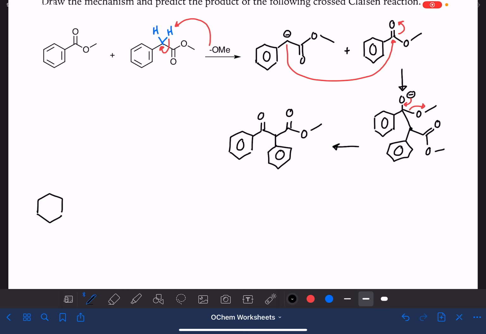I'm going to just go straight to the enolate, this guy right here. I'm going to redraw that enolate, and then we're going to draw a second identical ester. It can attack that at the carbonyl carbon, open up the carbon-oxygen double bond.